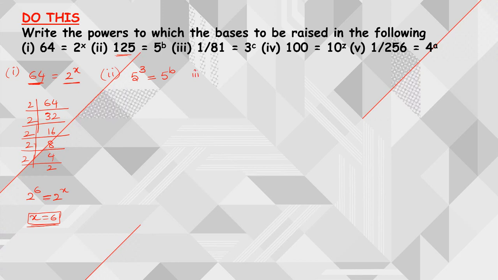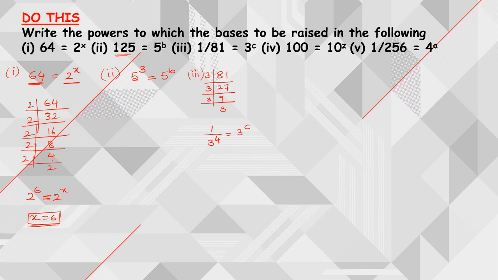Next, moving on to question number 3: 1 by 81. First of all, find out 81. 3 27s are 81, again 3 9s are 27, again 3 3s are 9. Then I can write it as 1 by 3 power 4 is equal to 3 power c.